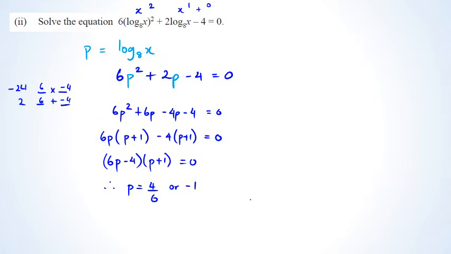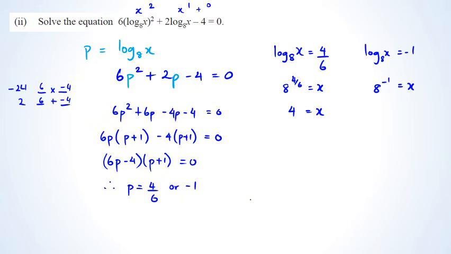Okay, so once I have that, well, I did say log 8x was equal to these things. So I could actually put log 8 of x equals 4 over 6, which means 8 to the power of 4 over 6 equals x. So that is one of my answers, which I know can actually simplify to 4 if I put that in the calculator. And then the other one is log 8 of x equals negative 1, which means 8 to the power of negative 1 equals x, and I'm going to get 1 over 8 equals x.